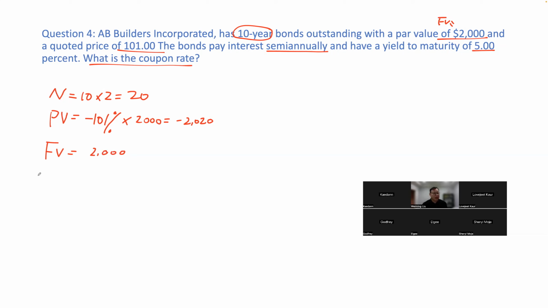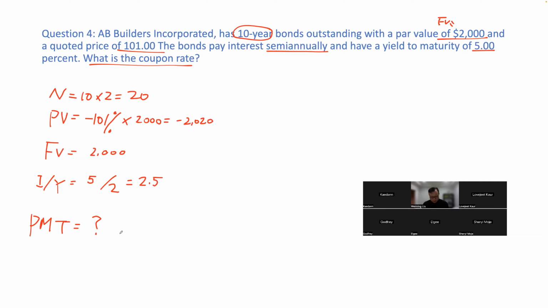What is my yield to maturity for the semi-annual period? It's compounding semi-annually, so that will be 5% divided by 2, right? So 2.5, very good. So I need to figure out what the payment is, because this payment will help us figure out the coupon rate.